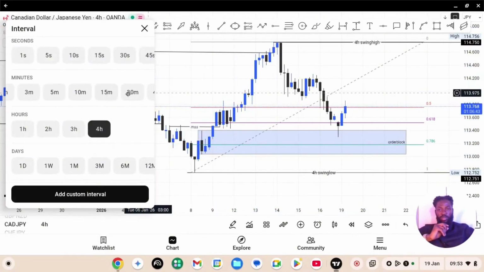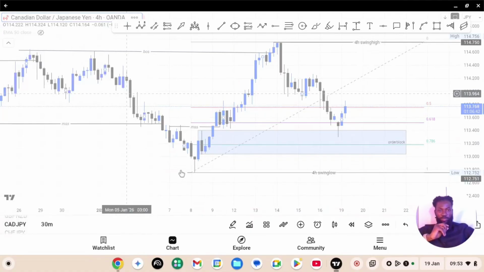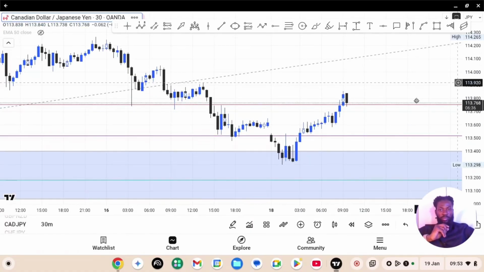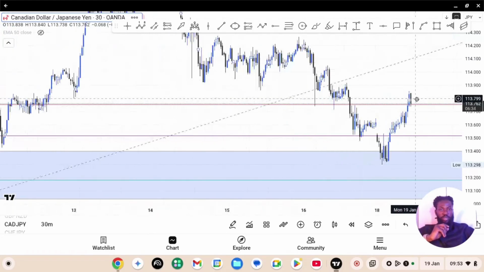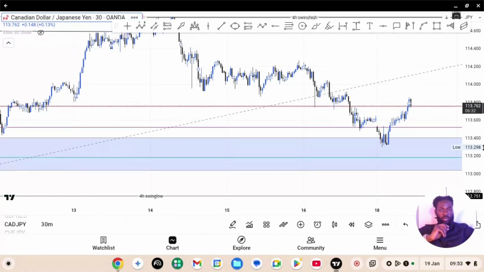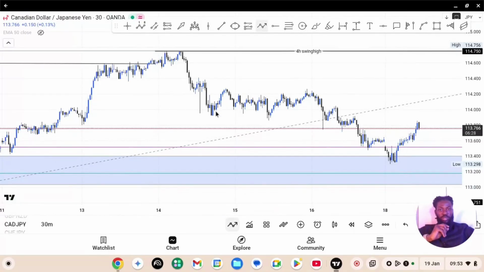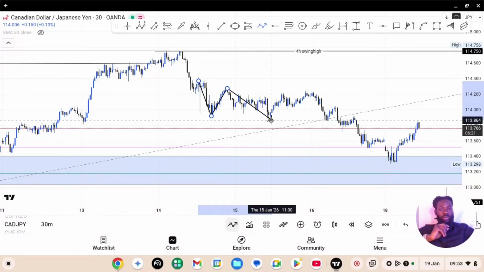Now let's go to the 30 minutes time frame. Now look at what the market was doing. As you can see, we have a series of lower low, lower high, which is a clear downtrend on the 30 minutes time frame.